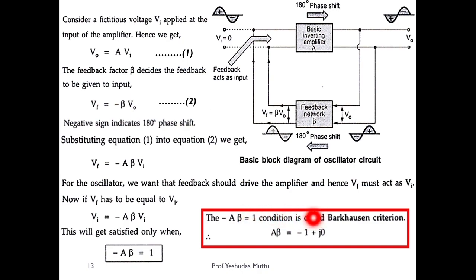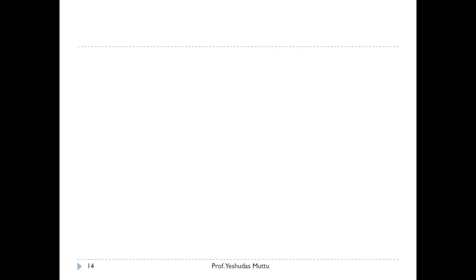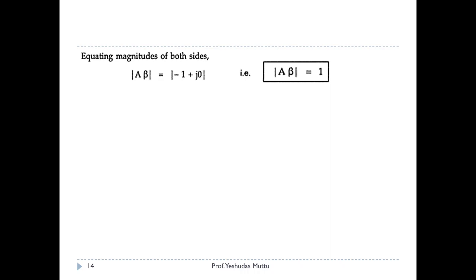You'll remember why this minus 1 plus j0 is important; I had explained the same thing in the Nyquist criterion also. I hope this is clear to you all. Now I'll apply magnitude on both the sides. Magnitude of A beta is equal to magnitude of minus 1 plus j0, which is going to be magnitude of A beta is equal to 1.